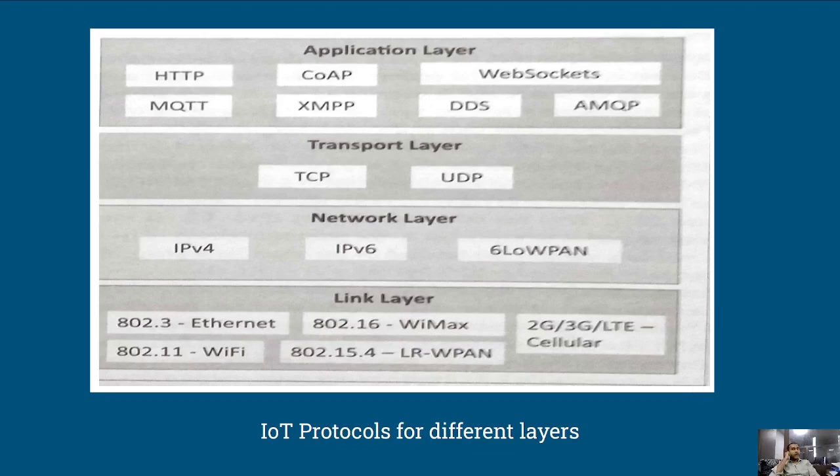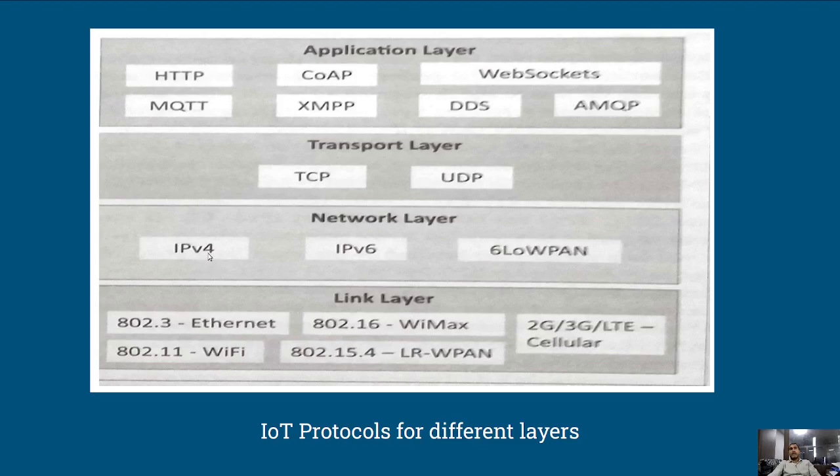So if we look into the different layers of Internet of Things, these are the different protocols layer-wise. In the application layer, we have protocols like HTTP, CoAP, WebSockets, and MQTT. Similarly, for the transport layer, we have TCP and UDP.